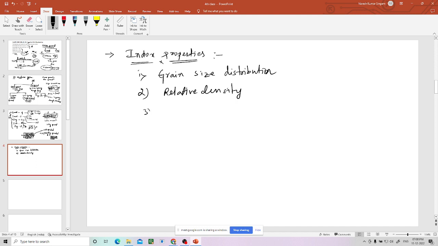And the third one is consistency limits. You should have an idea of all these things so that we can classify the soil. So before classification, we will learn what grain size distribution and consistency limits are.